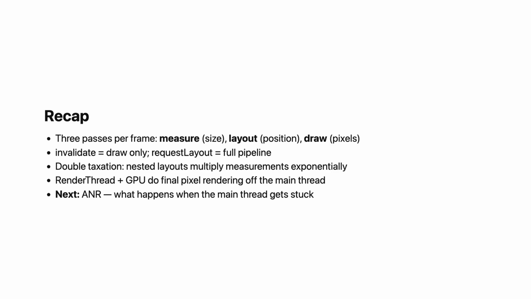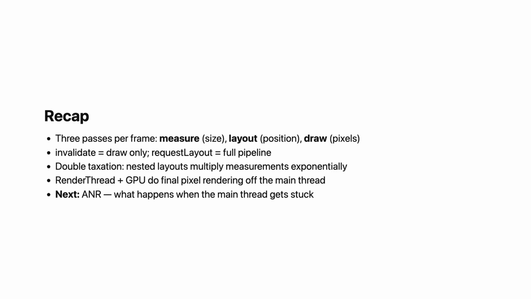Let us recap the rendering pipeline. Your UI is a tree of views. Each frame, the tree is traversed 3 times. Measure determines size. Layout determines position. Draw records rendering commands. Invalidate triggers only draw. Request layout triggers the full pipeline. Double taxation means some layouts measure children multiple times, and nesting amplifies this exponentially.